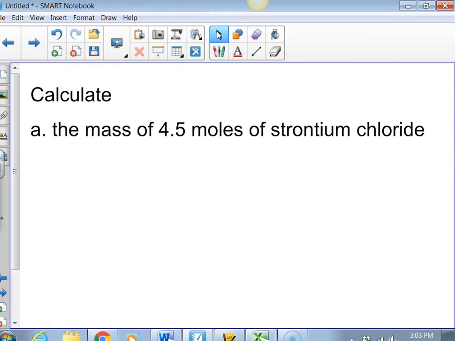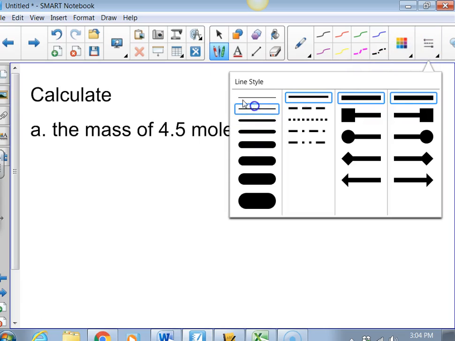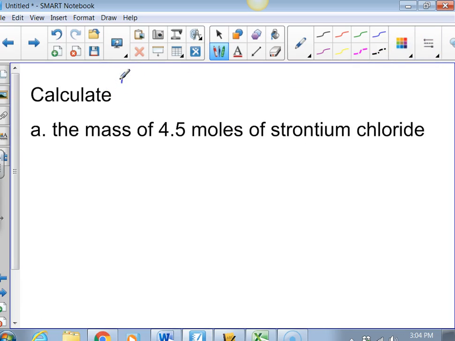All right, in our next problem, we're going to utilize the molar mass to help us calculate some more basic arithmetic, converting between mass and number of particles and moles. All right, so we want to calculate the mass of 4.5 moles of strontium chloride. Whenever we're calculating masses of moles worth of particles, these masses are going to be in grams. So whenever you see mass, unless you're told otherwise, consider mass to be in grams.